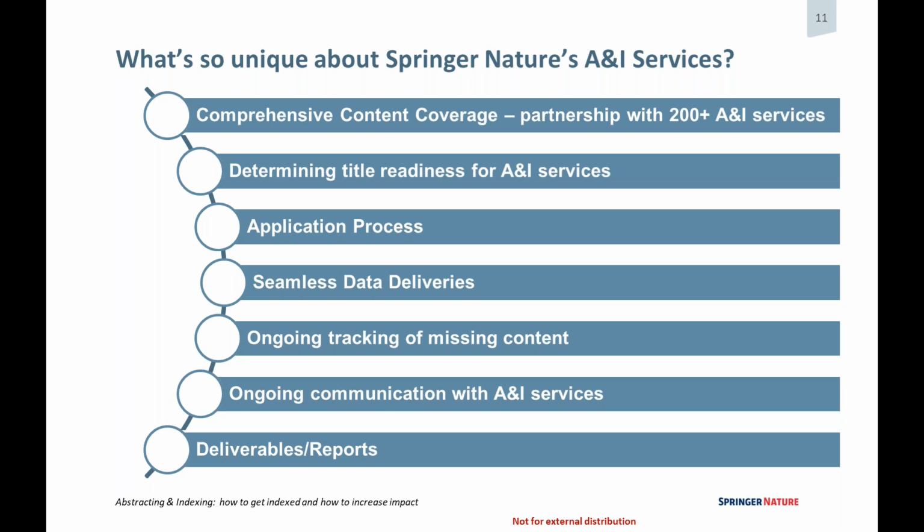But the ANI team at Springer-Nature makes sure that we are keeping track of the changing requirements of these ANI services, and that journals and titles published by Springer-Nature are ready for acceptance. The ANI team also helps with the application process. As I said, there are checklists and there are requirements, and we keep track of the changing requirements. Each year, each quarter, maybe there are changes taking place. So we keep track of all the changes.